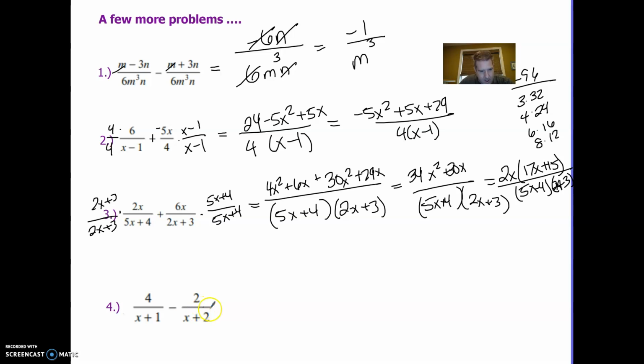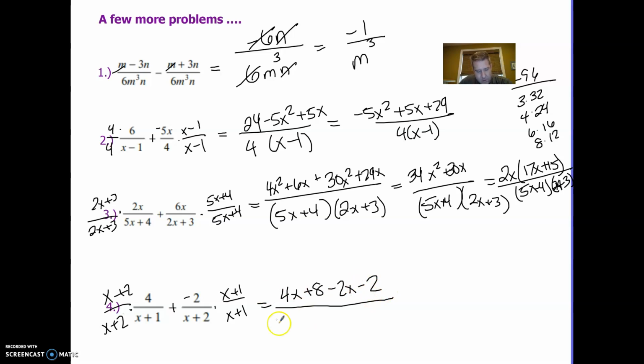Let's see. This is going to have to be multiplied by x plus 1, and this side's going to have to be multiplied by x plus 2. All right, so 4 times x plus 2 is 4x, 4 times 2 is 8. Minus, so I'm going to move this minus up here. So negative 2x, and negative 2 times 1 is negative 2.